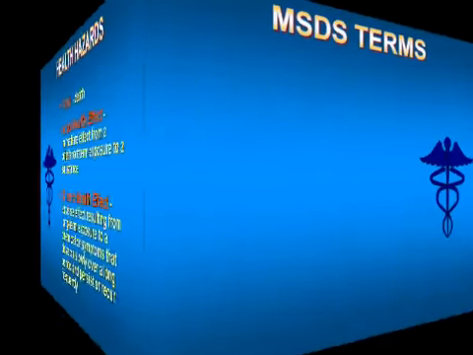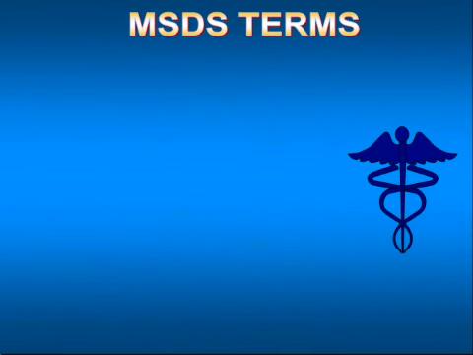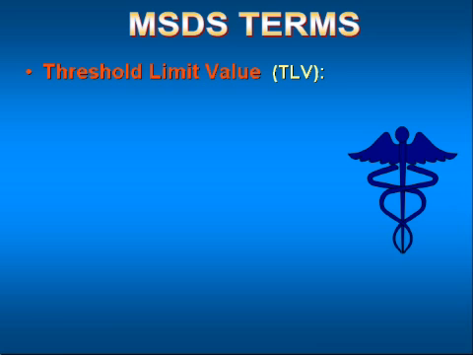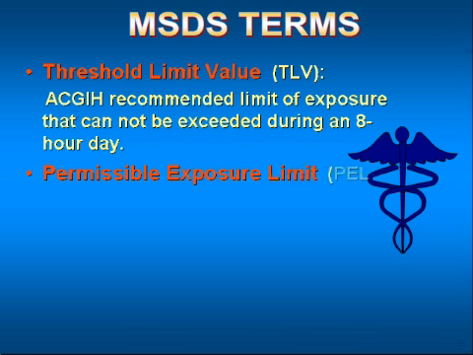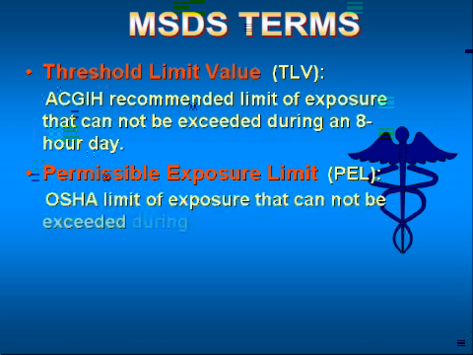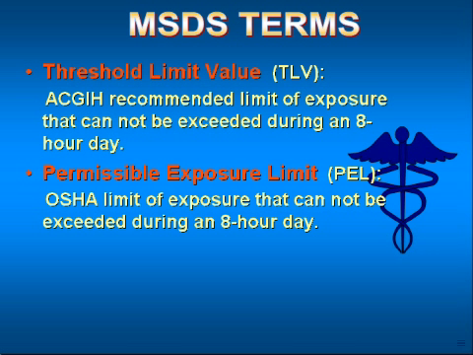There are other things that we initially saw on some of the previous slides, things like threshold limit value. The importance of threshold limit value, or TLV, and permissible exposure limits, PELs, is that these standards are the maximum concentration of these chemicals that we can be exposed to without wearing PPE over an 8-hour period. The difference in these two values is determined by who sets it.